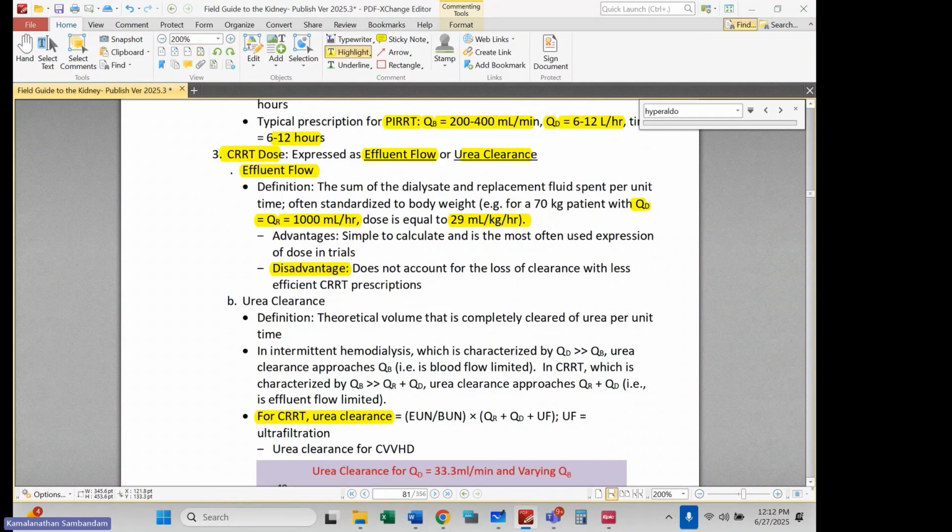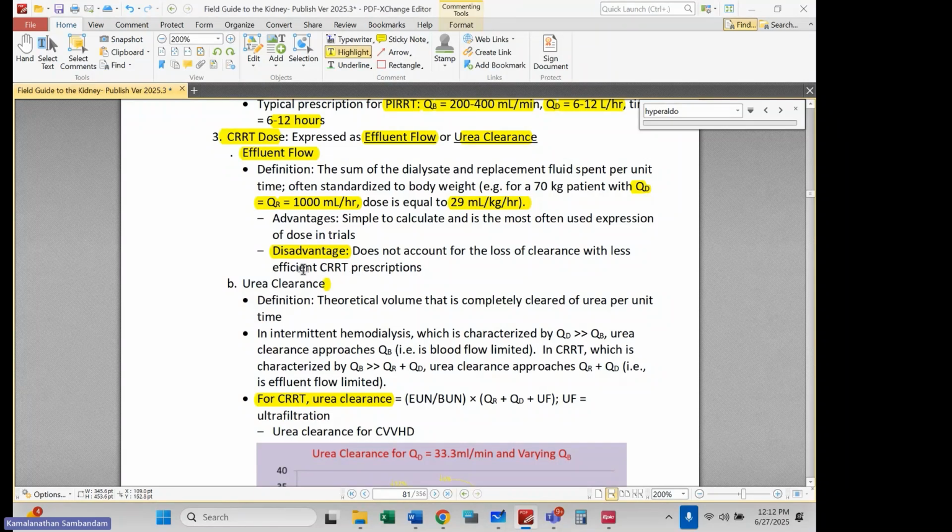So that is not captured by this simplified form of dosing. So that's why it's important to know how to calculate a urea clearance, even though in the real world, we don't do that typically. In the real world, we're just saying 2 liters an hour of CRRT, okay? We don't typically distill this down to a urea clearance.